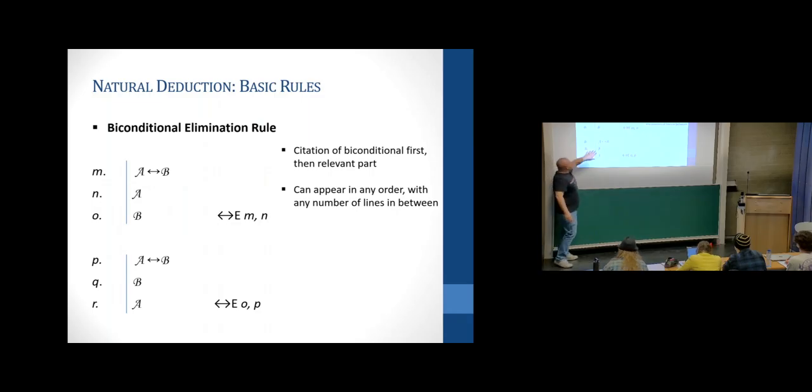So in these cases, right, it's schematic. So it could be that this is above the assumption line, or maybe they're both above the assumption line. Doesn't really matter. When we're playing with these rules, and note this is sort of true with all of them, the sentences we could be using, some of them could be assumptions, some of them could be derived, all of them could be assumptions, all of them could be derived. We don't care. If they're on the line, you can use this rule, wherever.